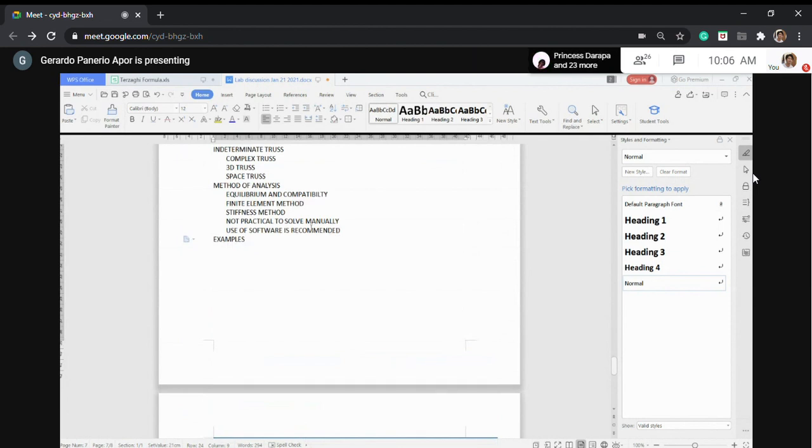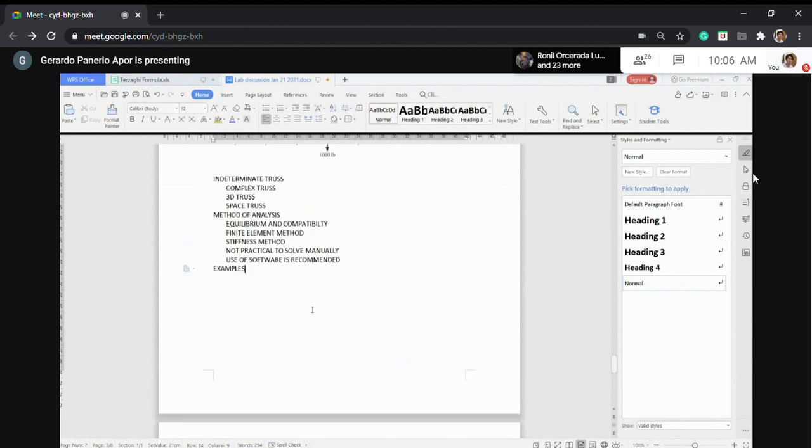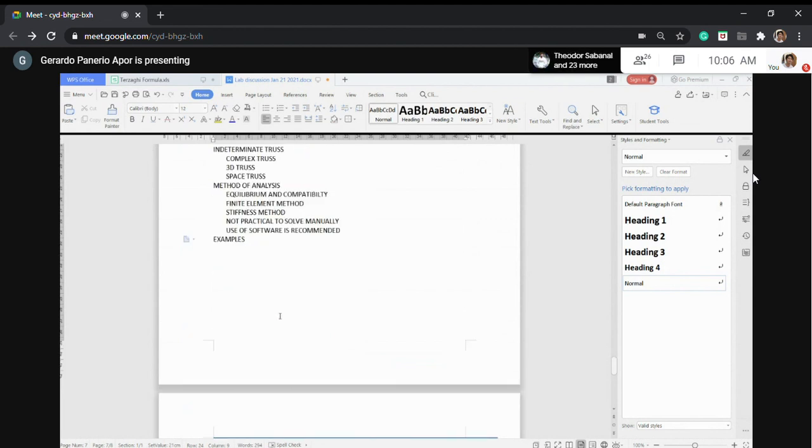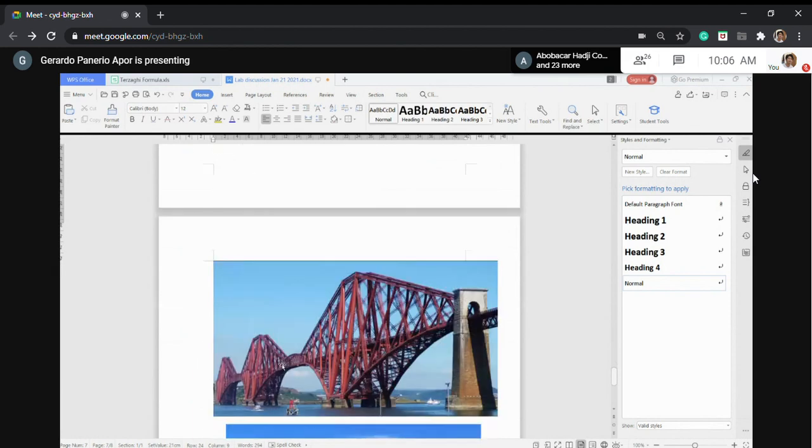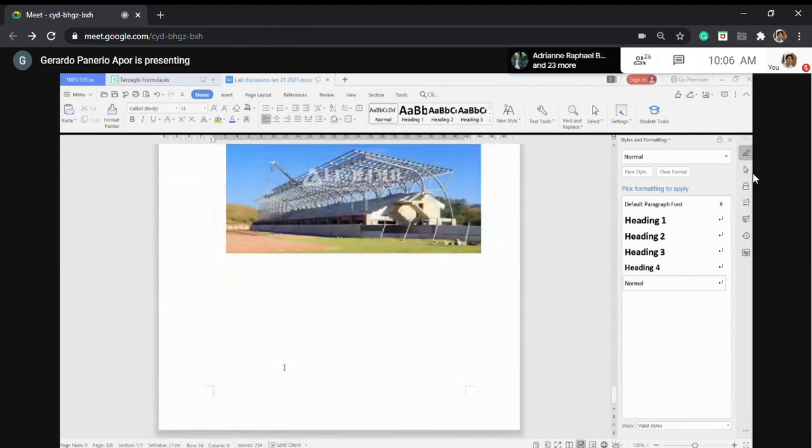That's why it's not practical to solve it manually. The use of software is recommended. So as a structural engineer, you should also be good at using software. Okay, so that's it, class.